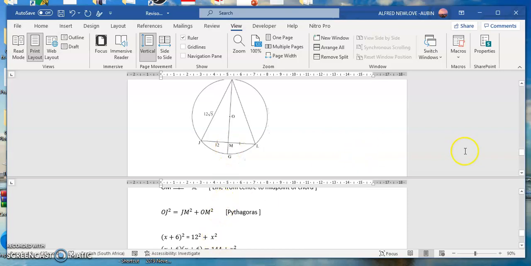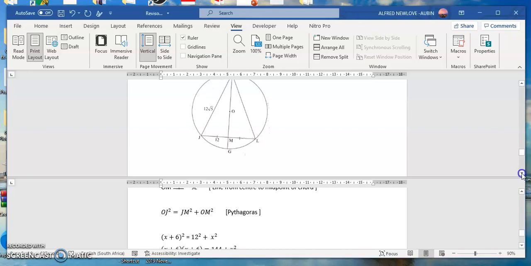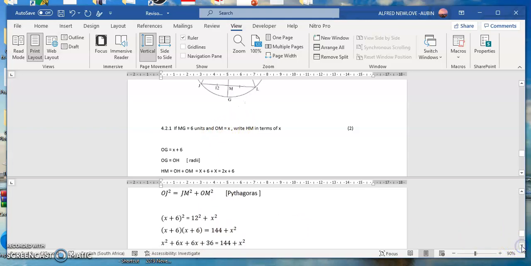So you bring the square. Then this one squared is the same as x plus 6 times x plus 6.